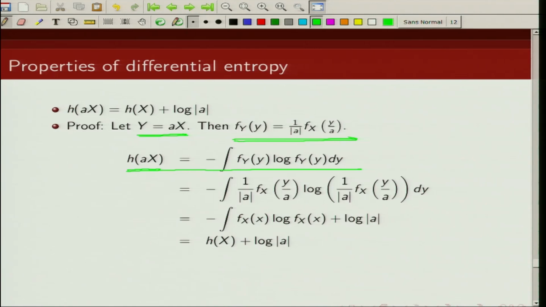this expression. Now we plug in the density of y in terms of the density of x, which is this, and this we simplify: log of 1 by absolute value of a plus log of f of x of y by a, and y by a is nothing but my x.